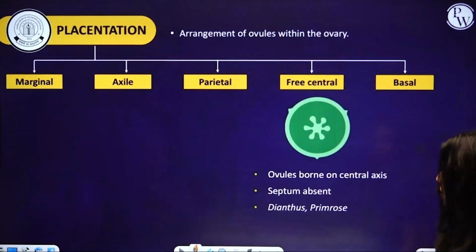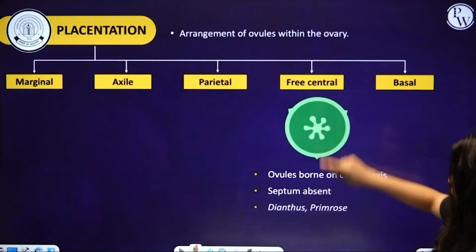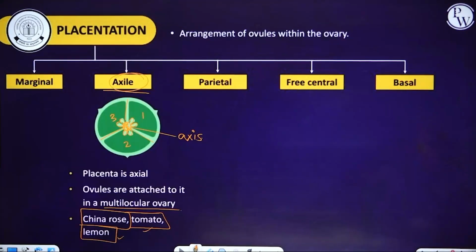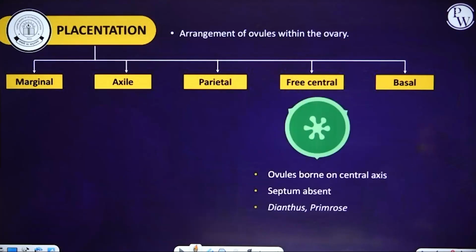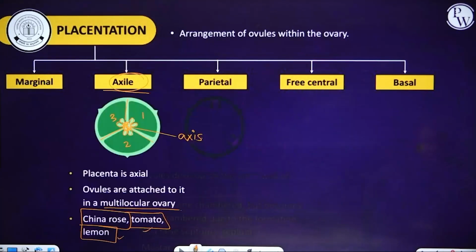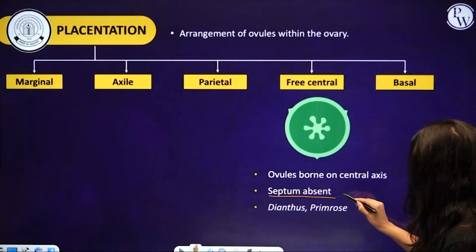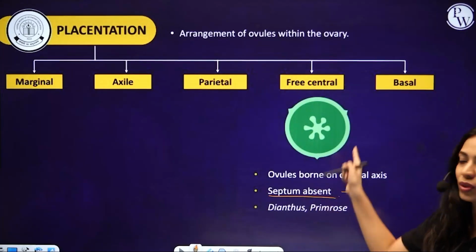Now let's move on to the next, which is free central. If you look at free central and axile, both of them appear pretty similar. The only difference here is there are no septa. So this is unilocular.